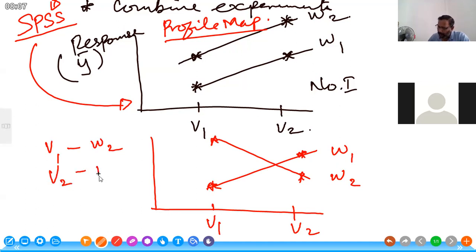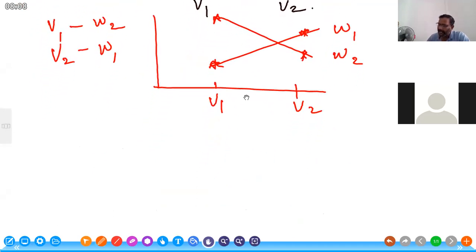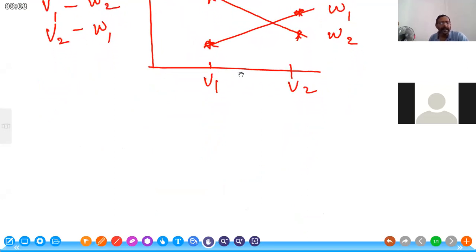Similarly, for variety 2, weed dose 1 is the better option. In the earlier case, for both varieties, weed dose 2 was the good, performing weed dose. For variety 2, the same weed dose performed under a similar condition. So that is the situation that we already covered last time, right?